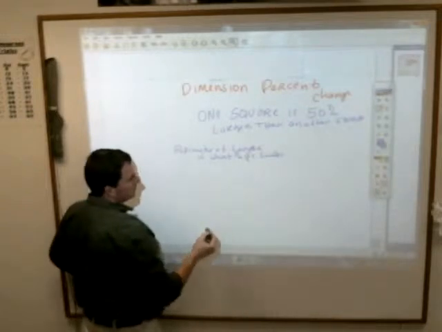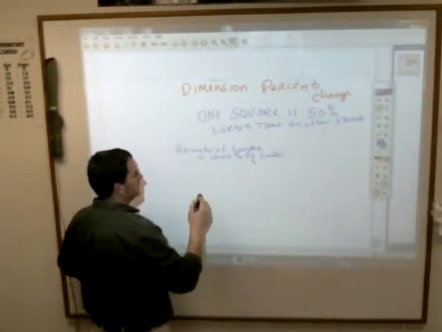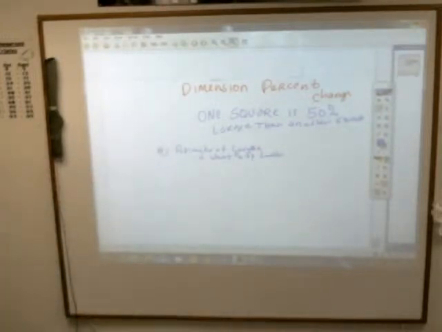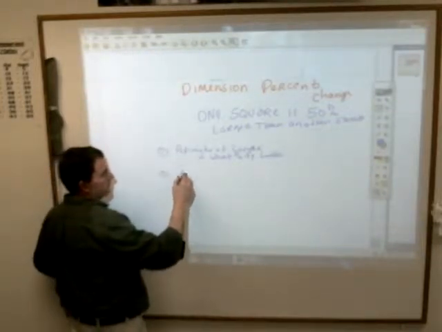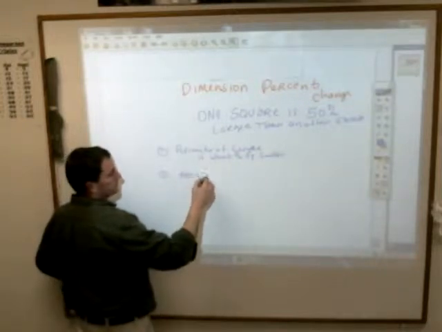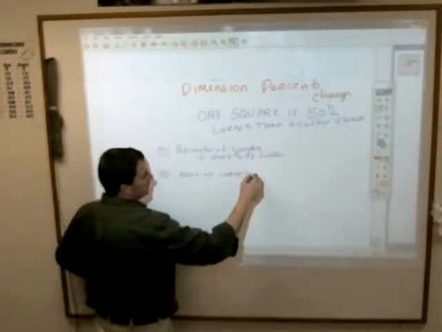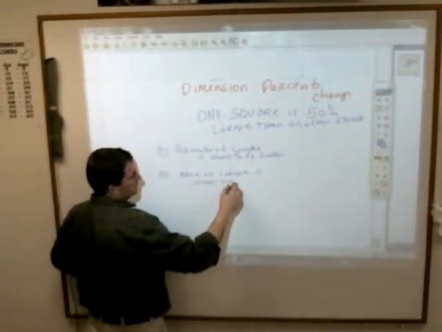That's question number one. Question number two: the area of the larger is what percent of the smaller?